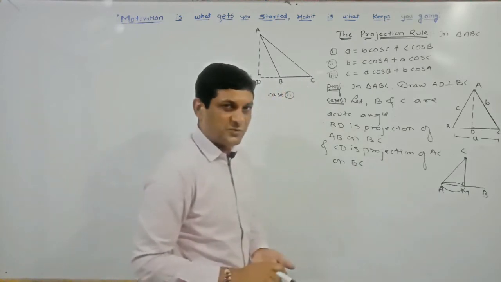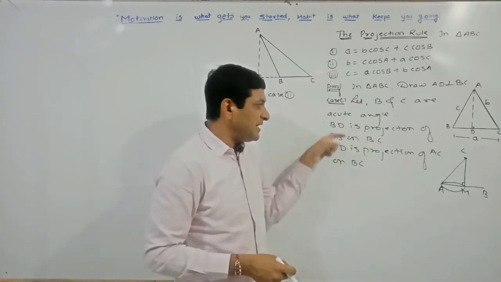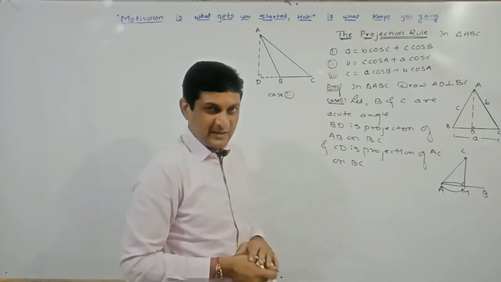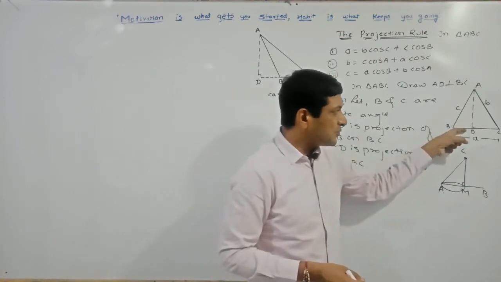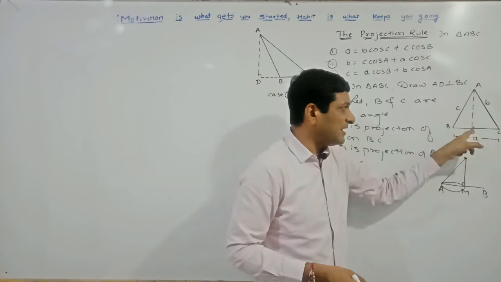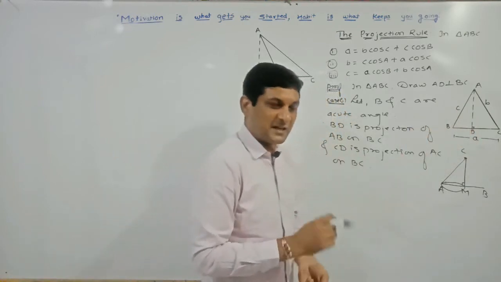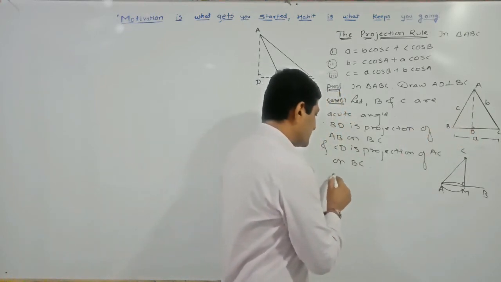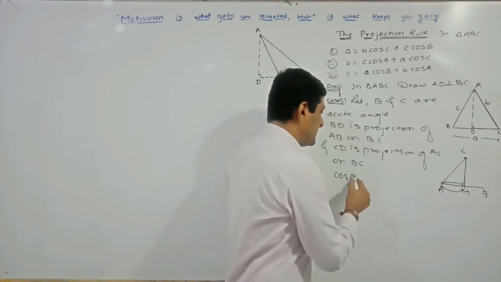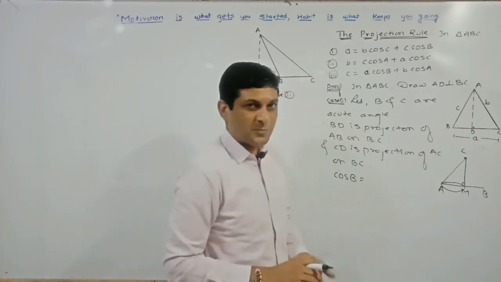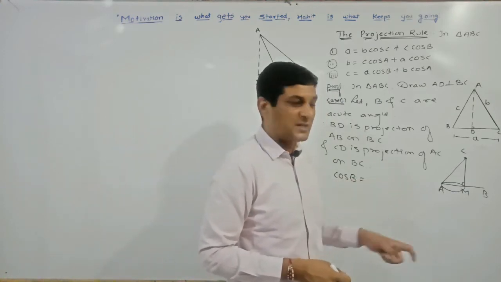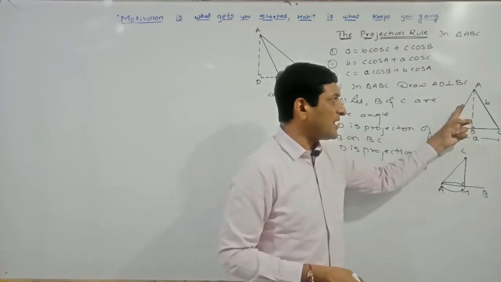Now we are trying to find out the value of BD and the value of CD here. To find the value of BD, we are considering this triangle ADB. Is it a right angle triangle? Since this is a right angle triangle, we can say that cos B is equal to, what is the definition of the cosine function? Cos B is adjacent upon hypotenuse.